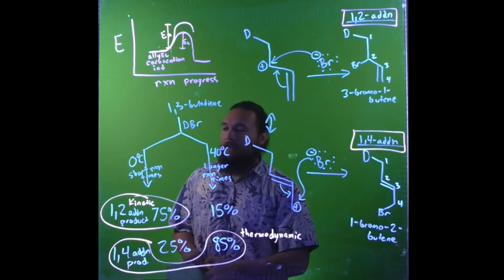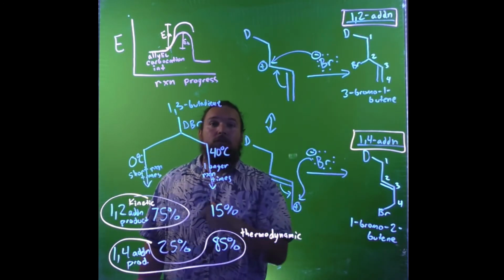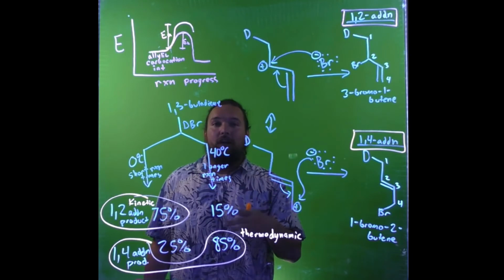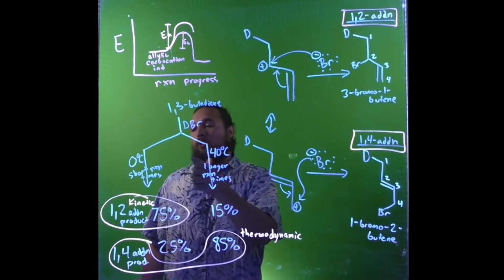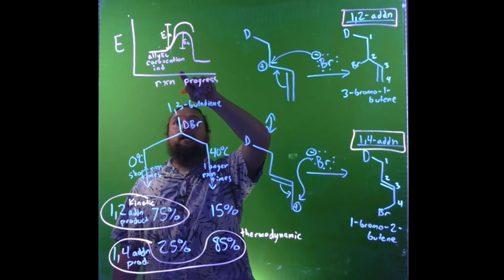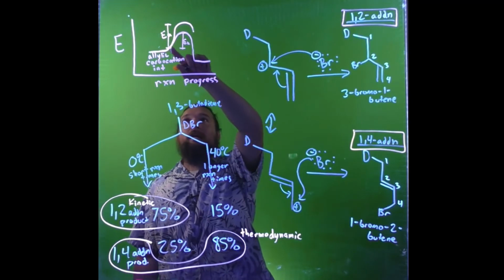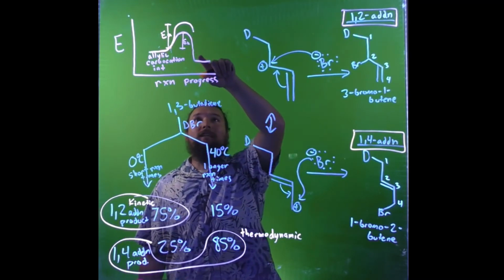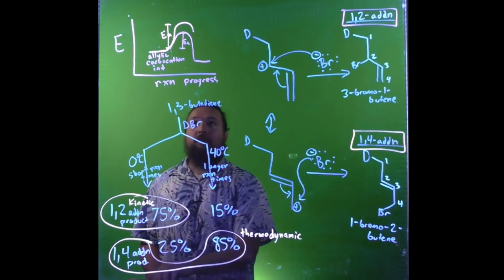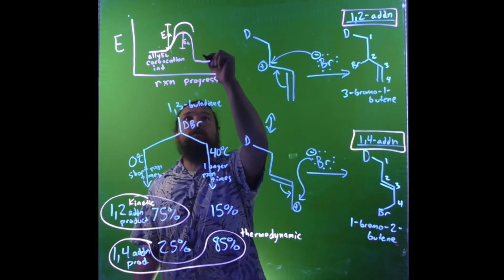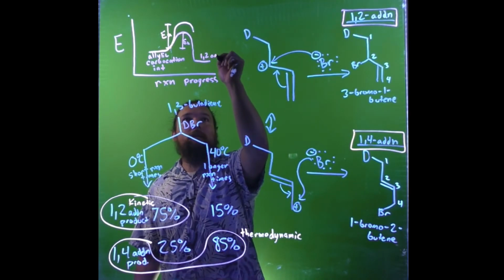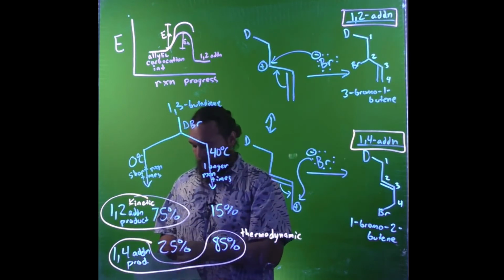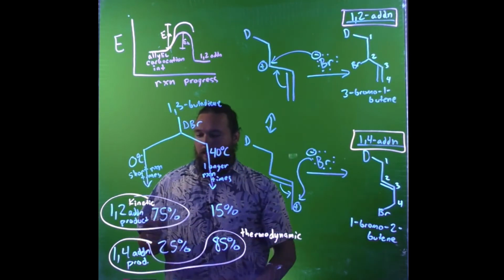At low temperatures, where there's not enough energy to overcome it, the reaction pathway is going to prefer the lower activation energy, which ends up giving us this 1,2 addition product that we see right here. Now, that's great.